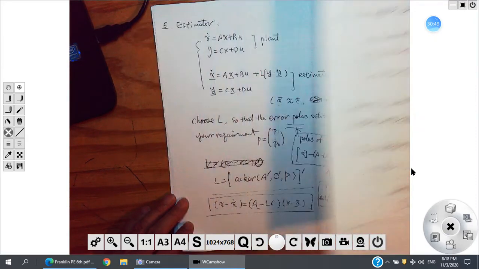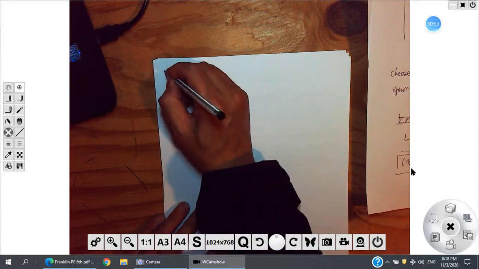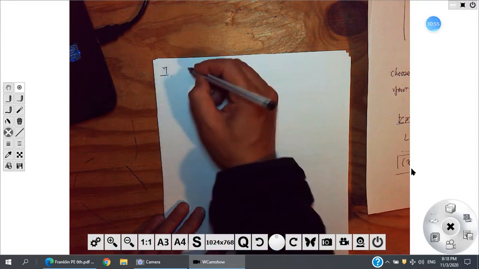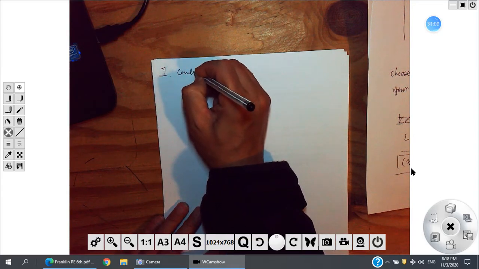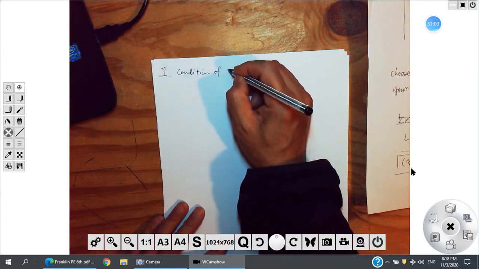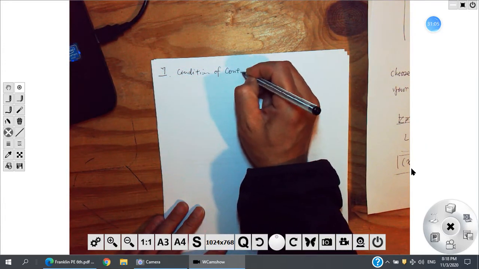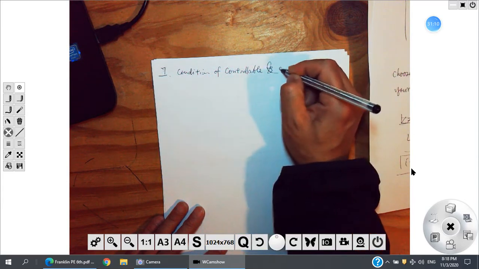So we have more discussion on the controllable, and I say this is seventh, the condition of controllable and observable.